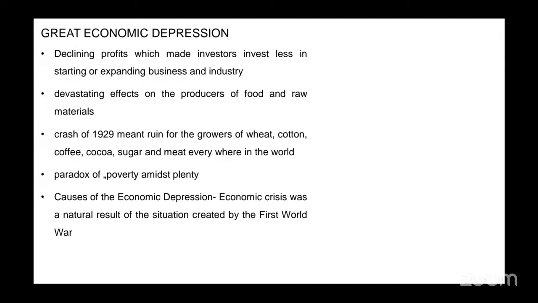So what happened is the effect of that fell on the producers of raw food and raw materials. The crash of 1929 was a very bad period for wheat farmers, cotton, coffee, cacao, sugar, meat, everywhere in the world. Now this has also been called the paradox of poverty amidst plenty.